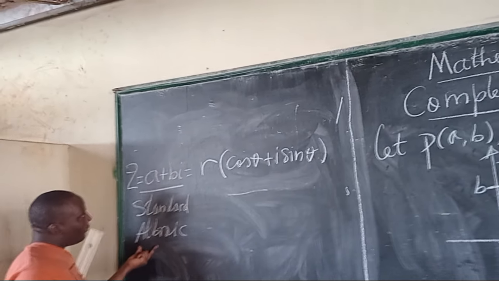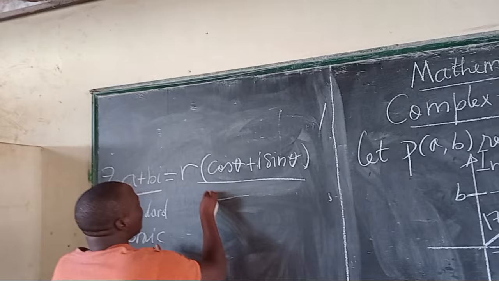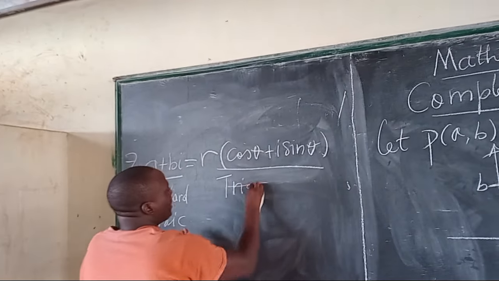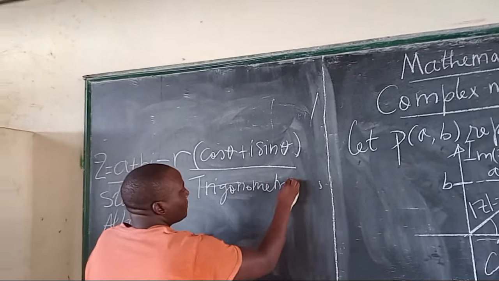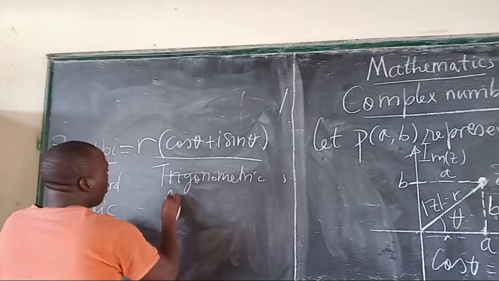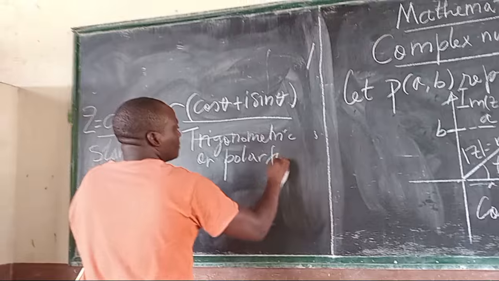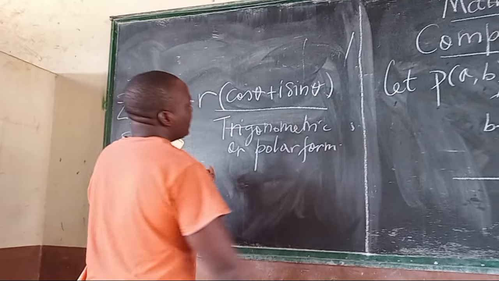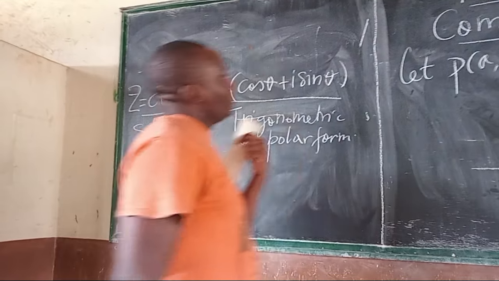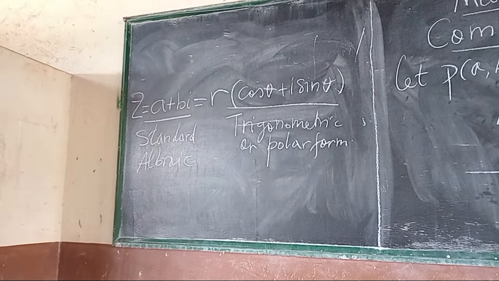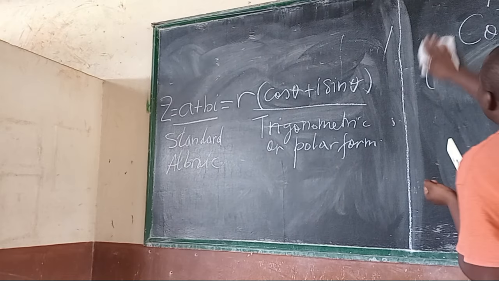Then this form is equal to this one in trigonometric or polar form. When we say trigonometric, it is the same as polar form. Teachers, see me clearly.